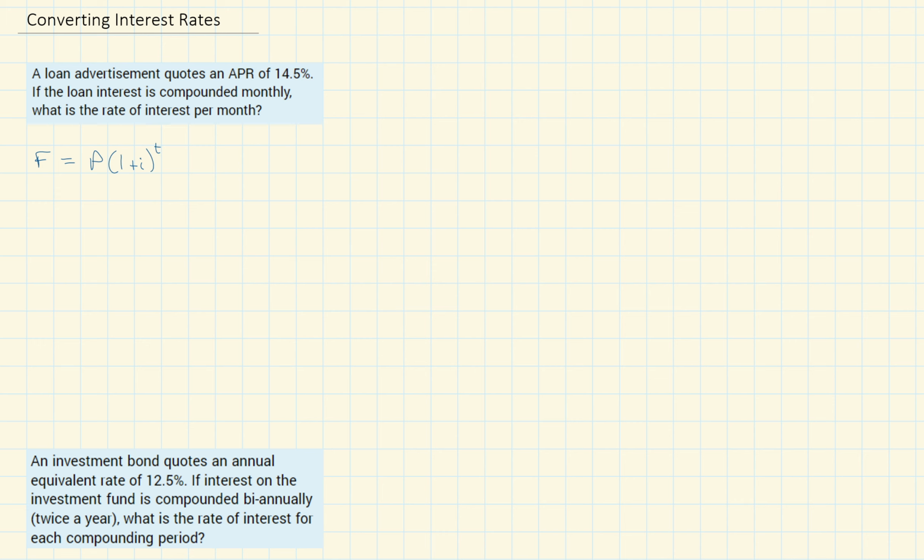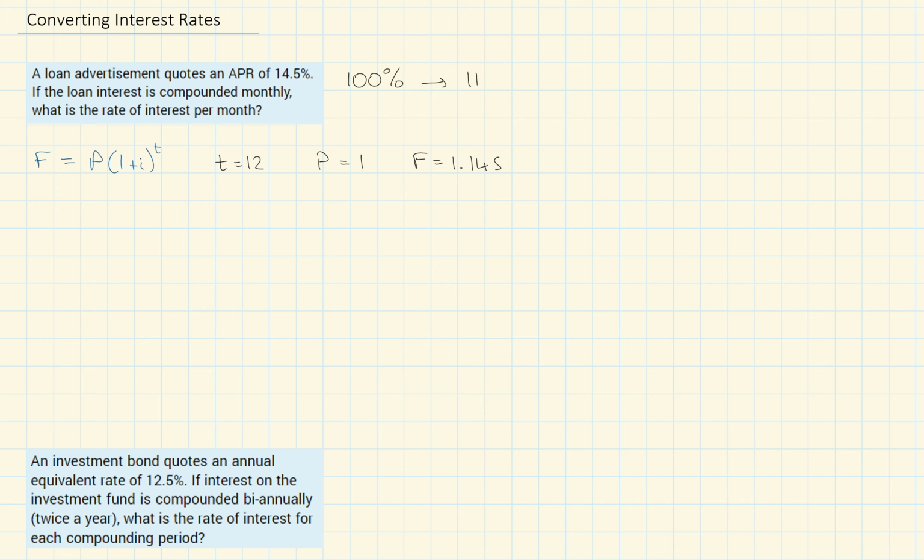Compounded monthly, there's 12 months in a year, so t equals 12. Then P is going to equal 1, as in 100%. And if the APR is 14.5, that means it grows to 1.145, because we start with 100%.